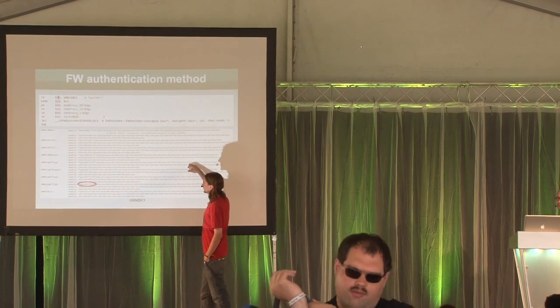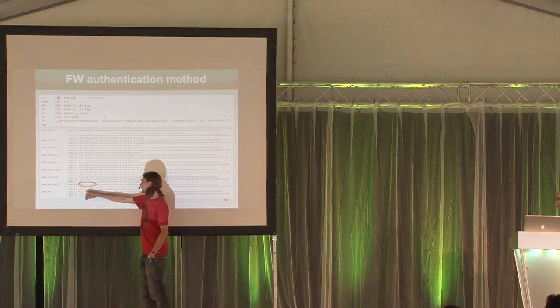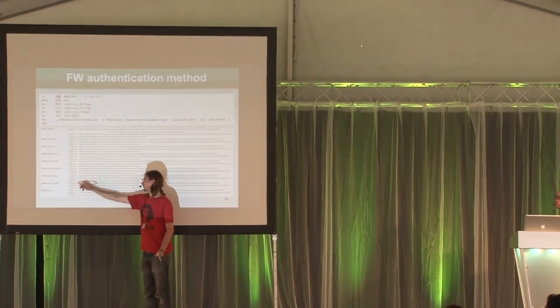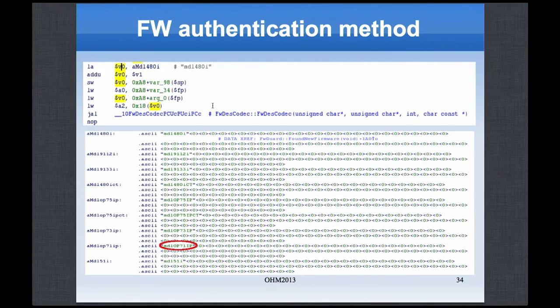And so we just dump the table and we have a lot of ASCII strings, and ours is here. So the problem of using a symmetric encryption algorithm for this kind of thing is that you will have the key in clear in the binary image.